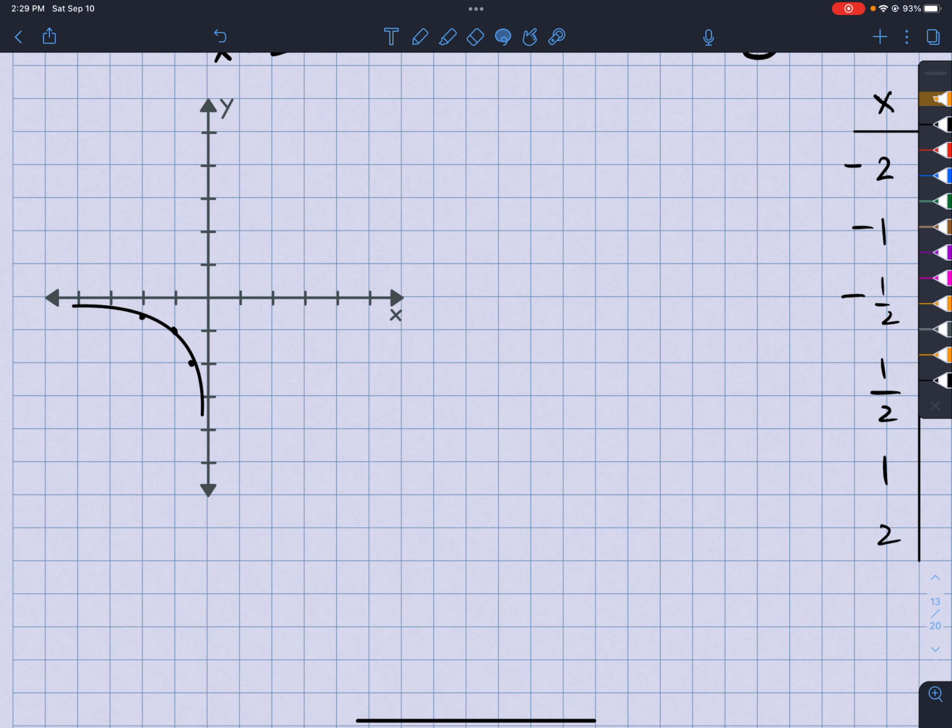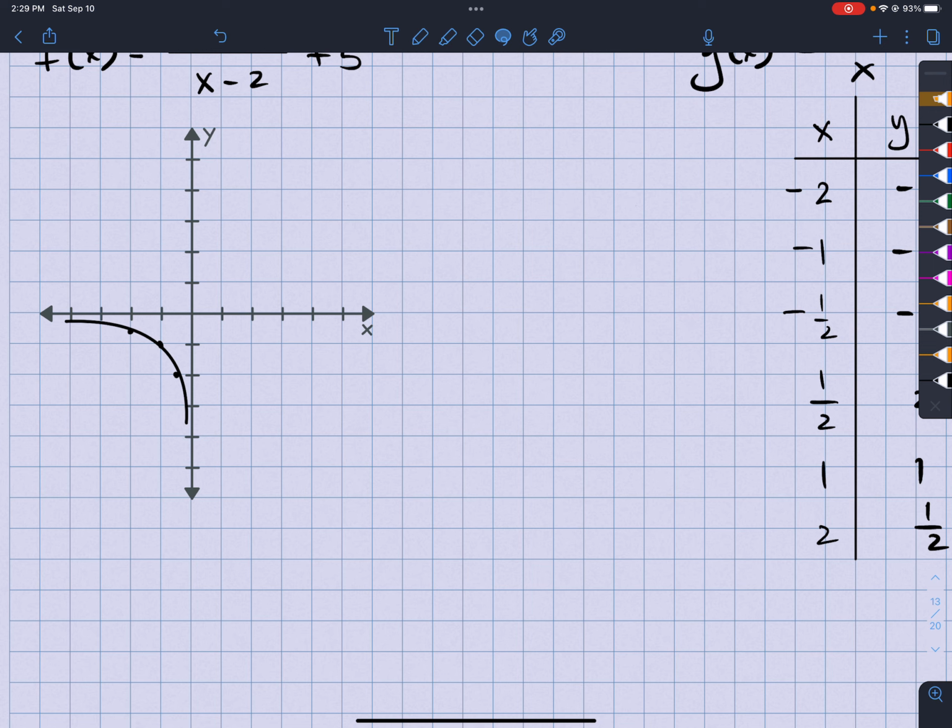And then the other side, at 1/2 is going to be 2. At 1 is going to be 1, and at 2 is going to be 1/2. So it's exactly the same thing, except now I have to flip this. One, two, three.